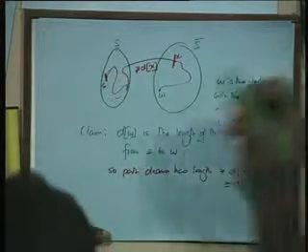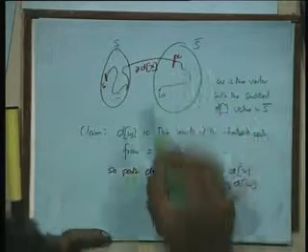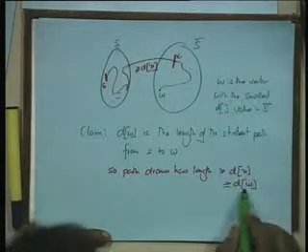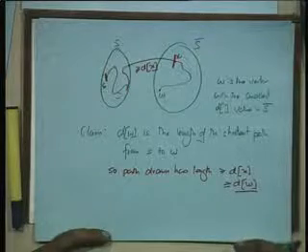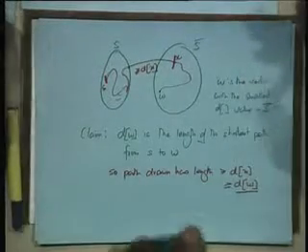So, this path has length at least as large as d of w, which means it is not a shorter path.